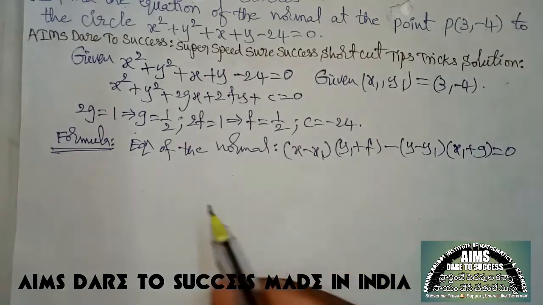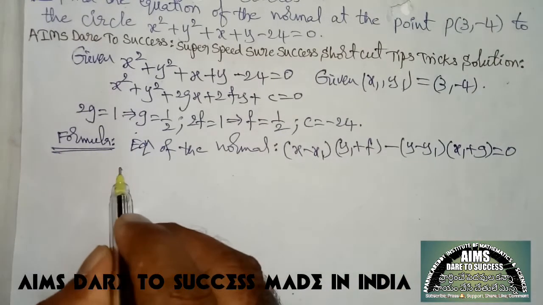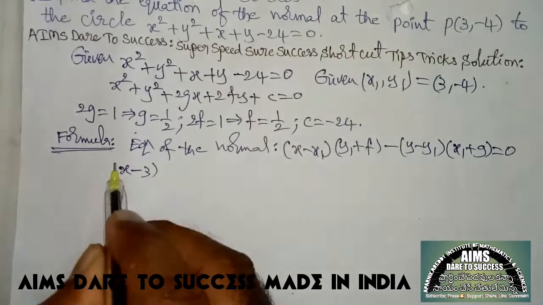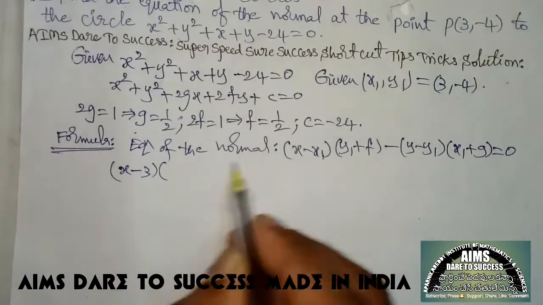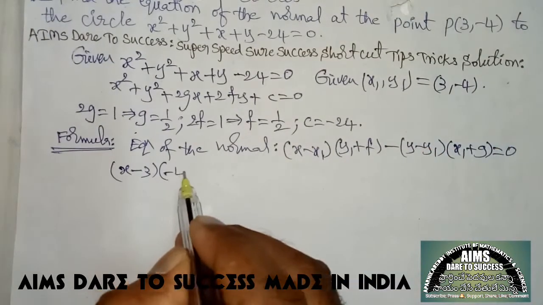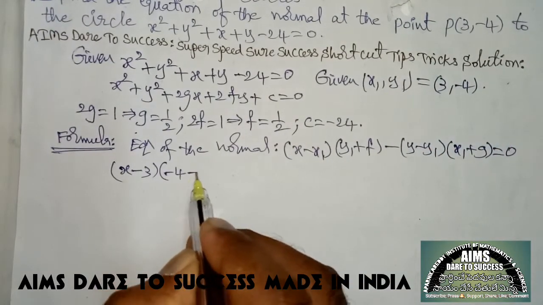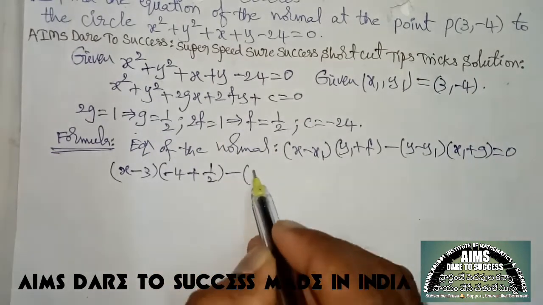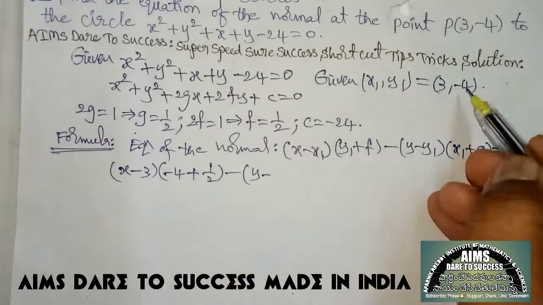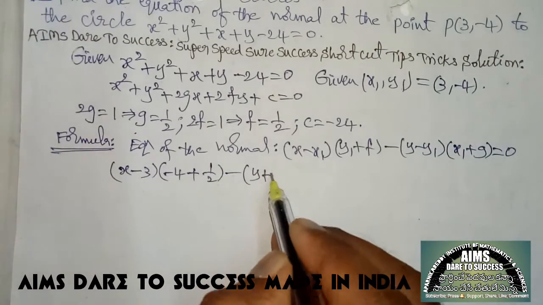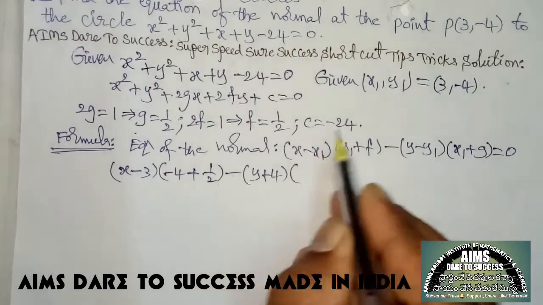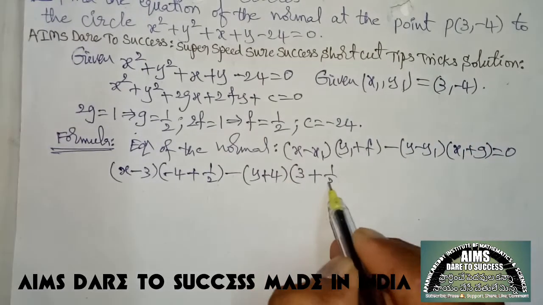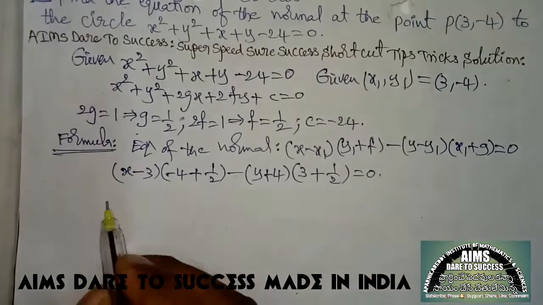So now I am substituting here. We get (x minus x1 value 3) into (y1 value minus 4 plus f value 1 by 2) minus (y minus y1 value minus 4, so minus of minus is plus 4) into (x1 value 3 plus g value 1 by 2) is equal to 0.